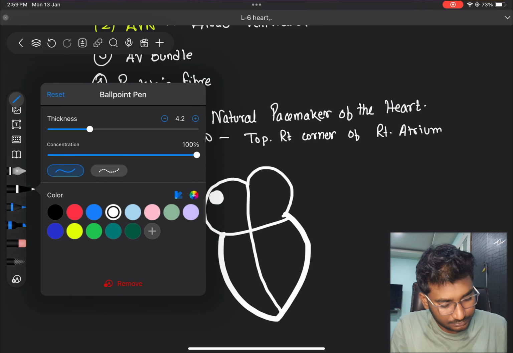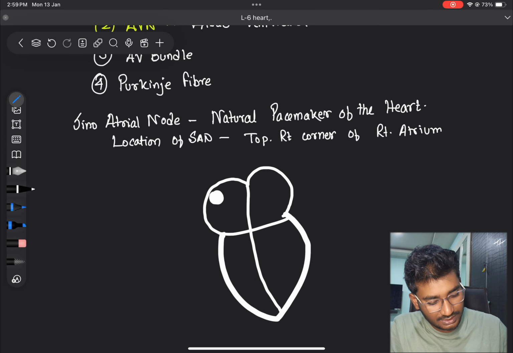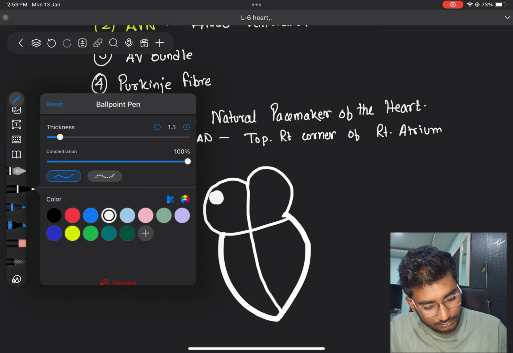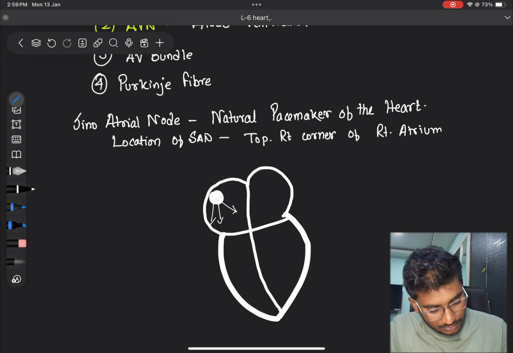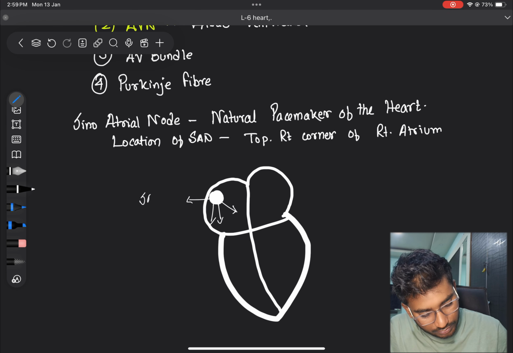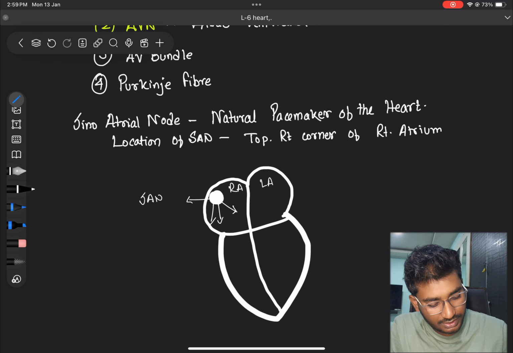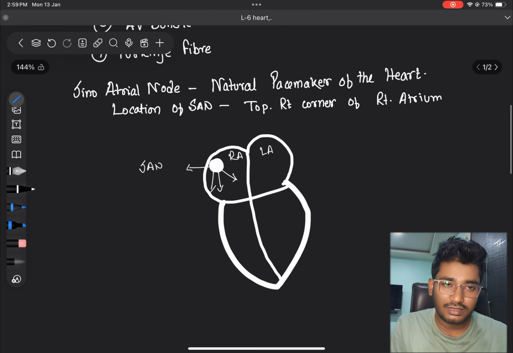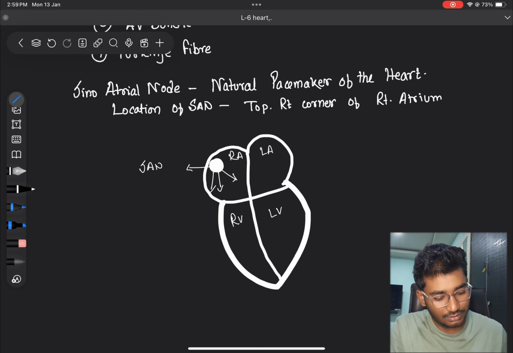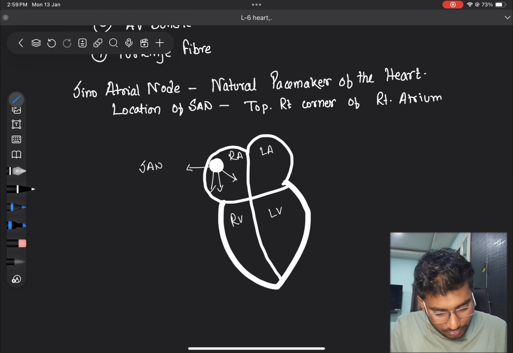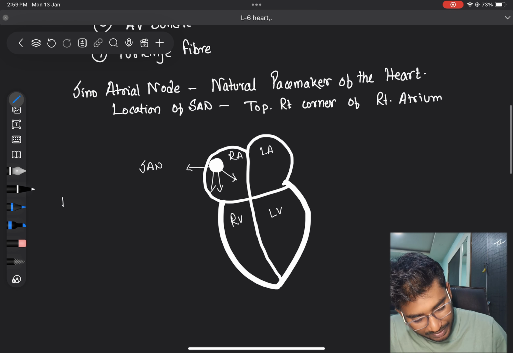This is the sinoatrial node. This is the right auricle, the left auricle or left atrium. This is the right ventricle and this is the left ventricle. Now the SAN, it is the pacemaker.